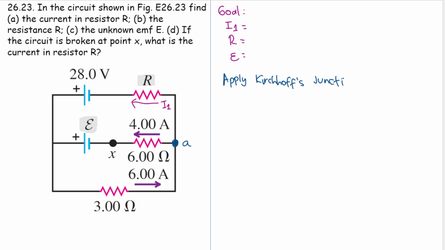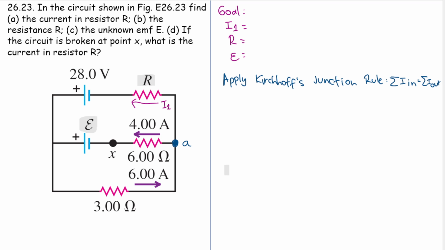Our friends in electrical engineering usually call it Kirchhoff's current law. So what does Kirchhoff's junction rule say? It says that the sum of the currents that go in equals the sum of the currents that go out.